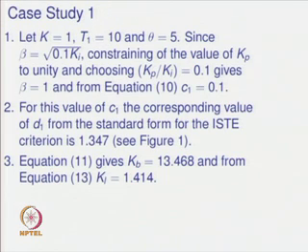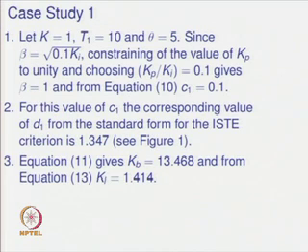Now, equation 11 can be used to estimate the unknown parameter of the controller GC1, which is KB equal to 13.468. And again from equation 13 we obtain KL, the controller that improves the disturbance rejection, equal to 1.414.